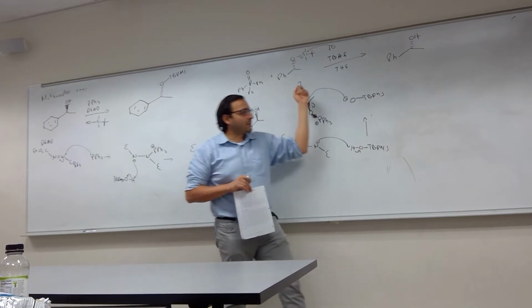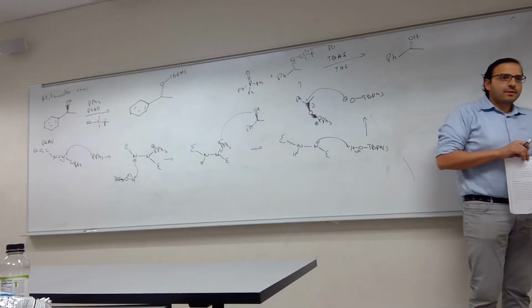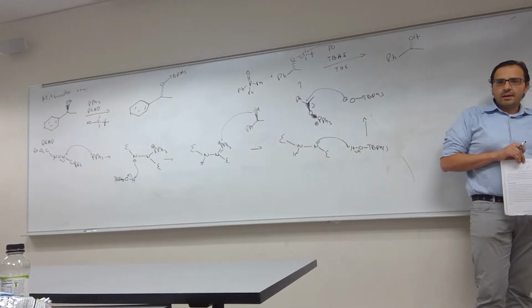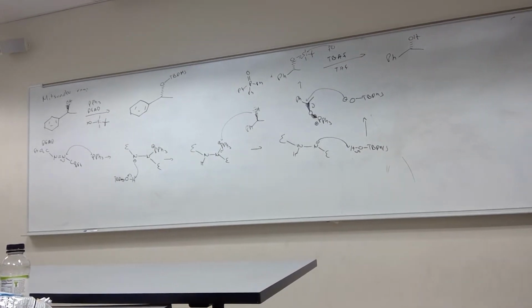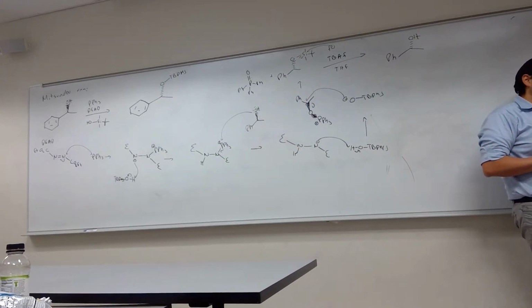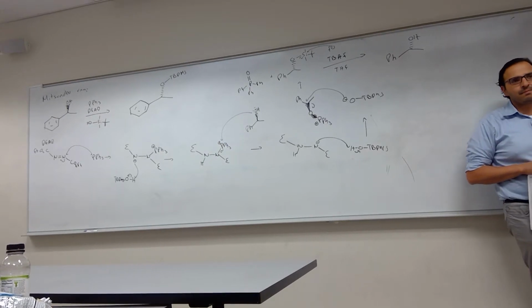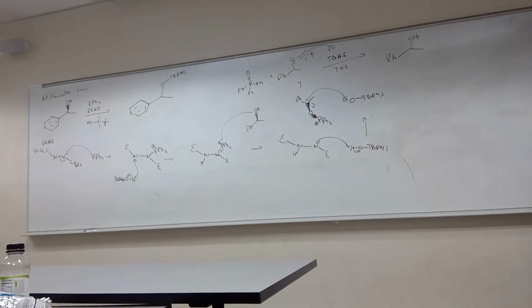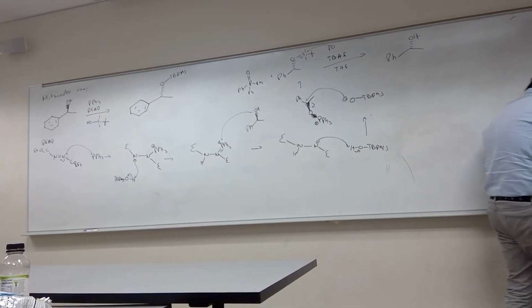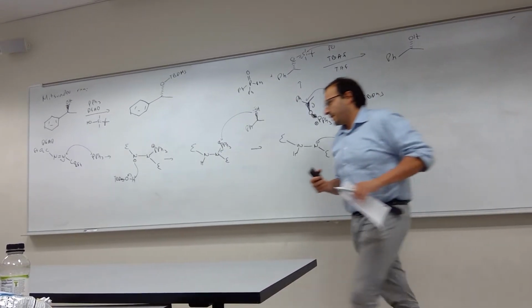No? Alright, so TBAF, HF triethylamine. The HF has to always be stabilized. HF is a very strong, very corrosive gas. Obviously they do sell it, but you don't want to use it. That thing can just start eating off metals.